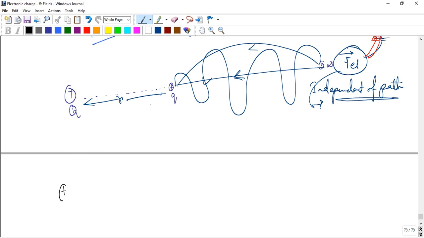Suppose there is a source charge capital Q and a test charge plus small q.